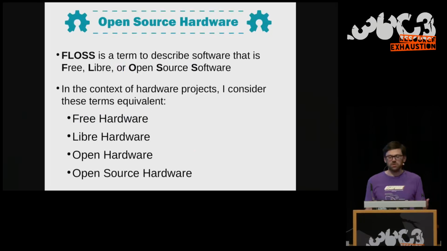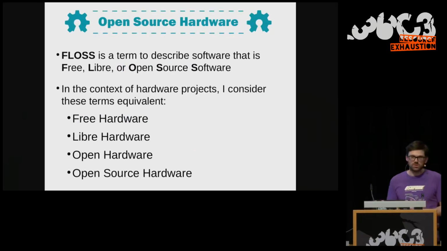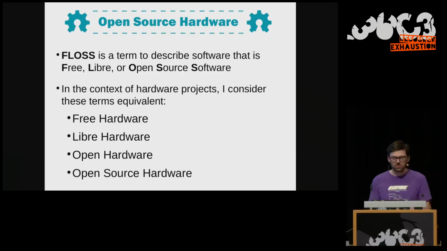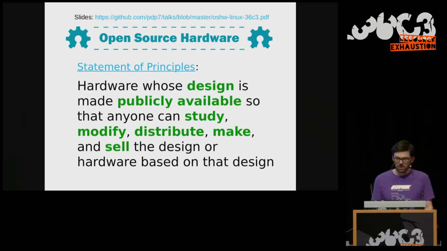When we talk about open source, there are a couple of different terms that people use. They might use free or libre or open source, and those do have different philosophical backgrounds. For the purposes of this talk, I'm going to conflate those terms, and I'm just going to refer to it as open source hardware, though some people use the terms free hardware, libre hardware, open hardware. I'm just going to be using the term open source hardware for this talk.